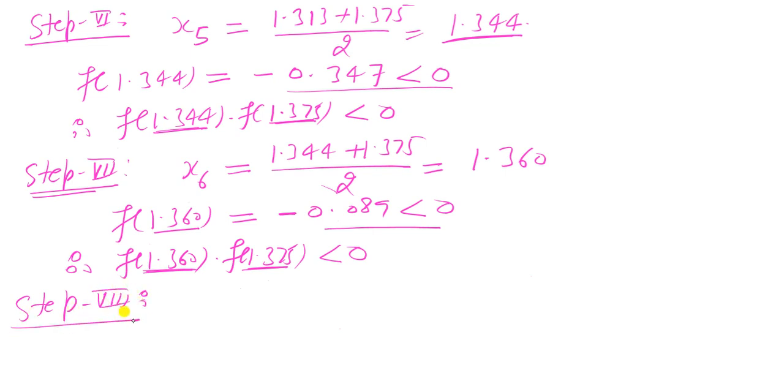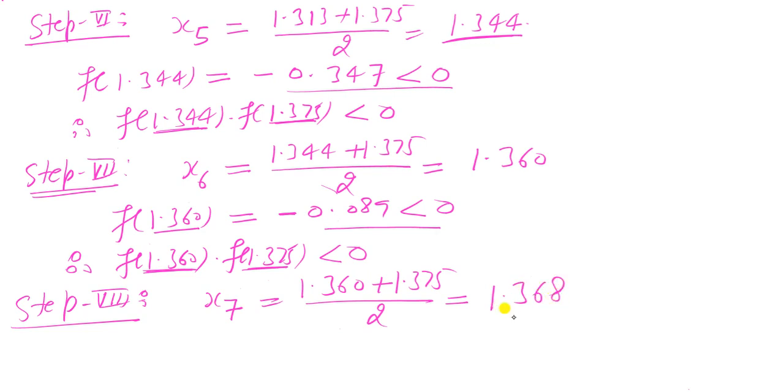Now the next step is step 8. In step 8 the seventh approximation to the root is denoted by x7. x7 is equal to (1.360 plus 1.375) divided by 2, and this value is equal to 1.368. So at x equal to 1.368, put in equation 1 and obtain the functional value. So f(1.368) is equal to 0.043 and this functional value is positive.